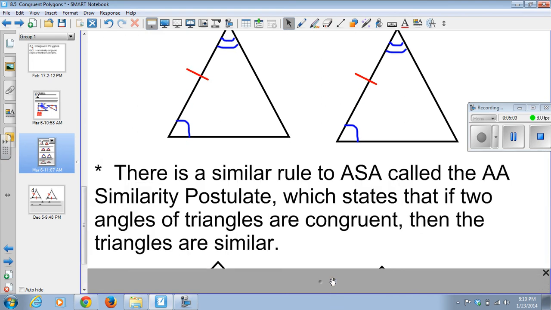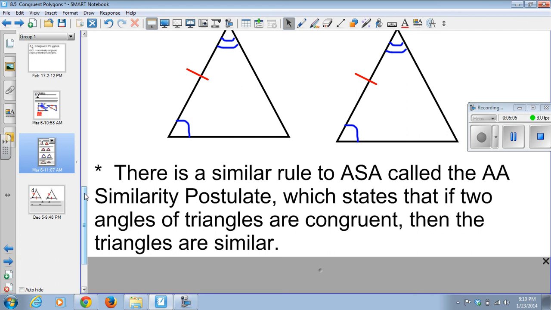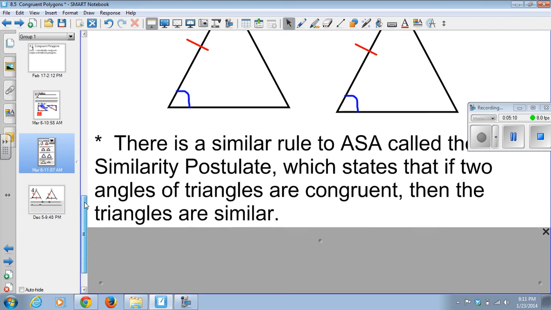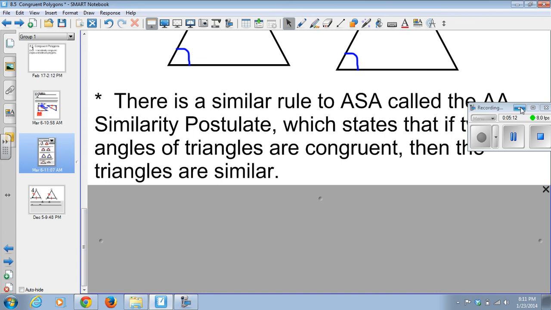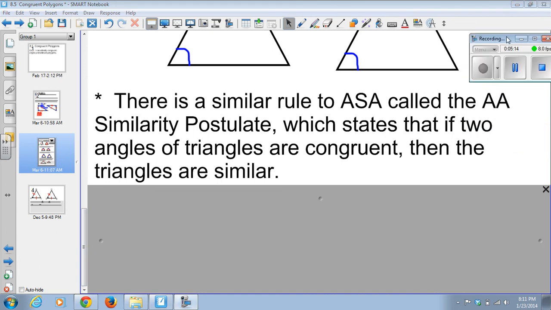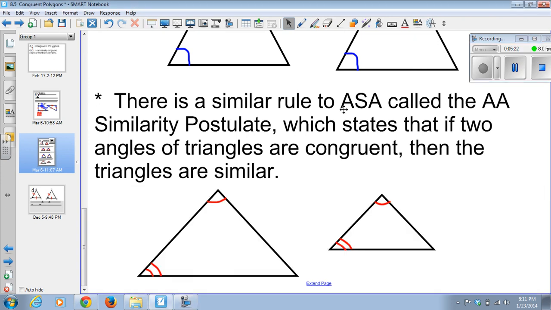Okay, remember, congruent versus similar are a little bit different. We have what is called the AA similarity postulate. And this states, if two angles of triangles are congruent, then the triangles themselves are similar. Okay, please do not mix up congruent and similar.